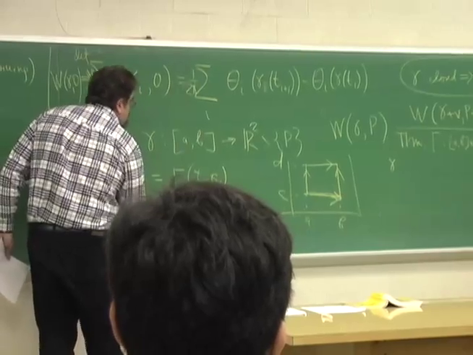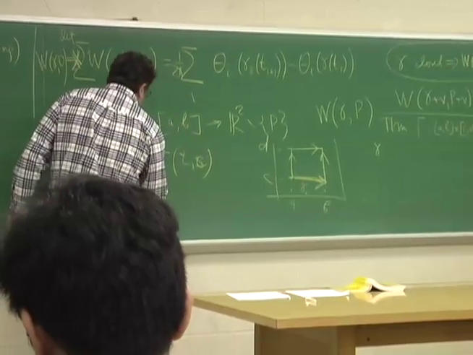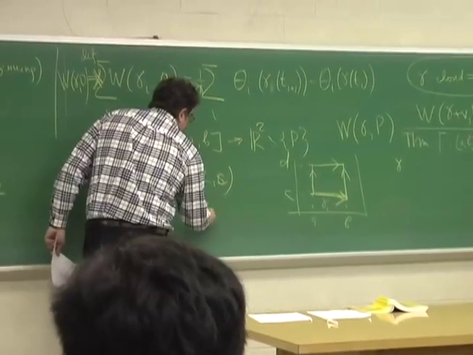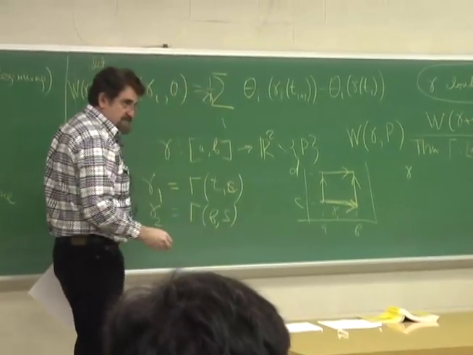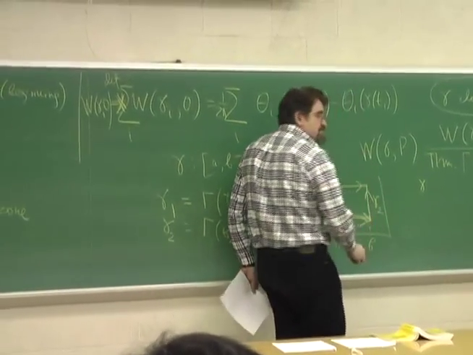Gamma 2 is gamma of B, S. The image of this is gamma 2.